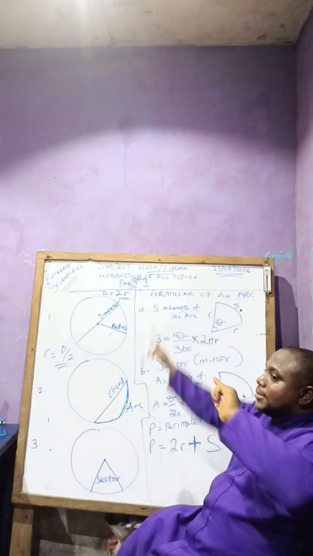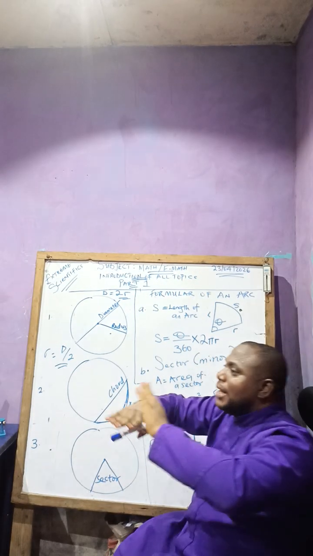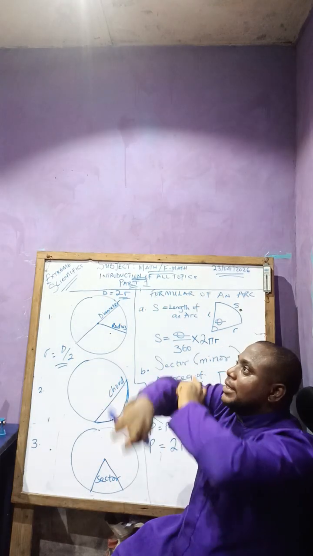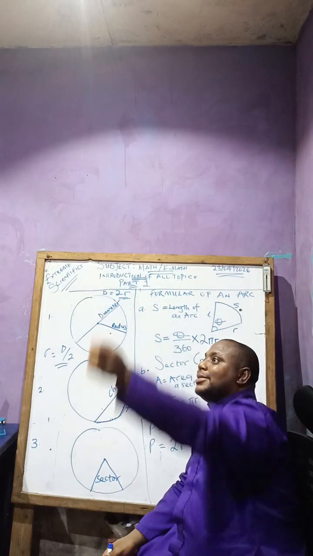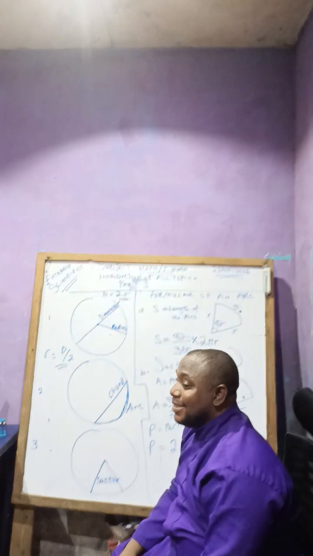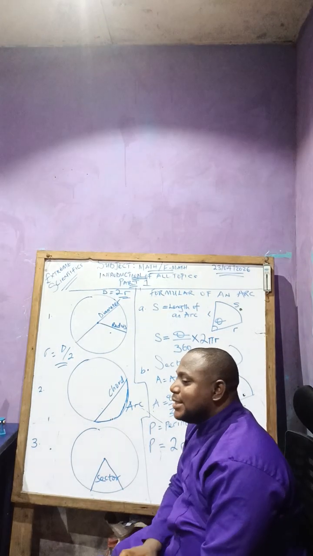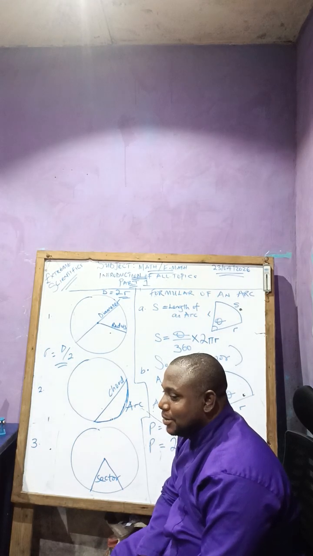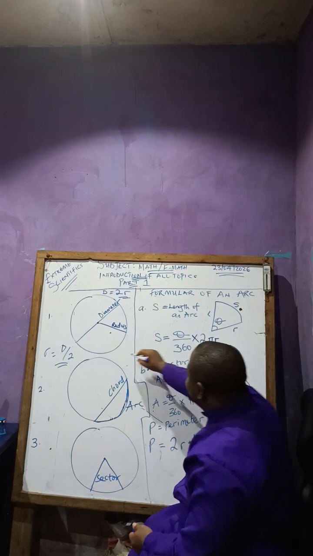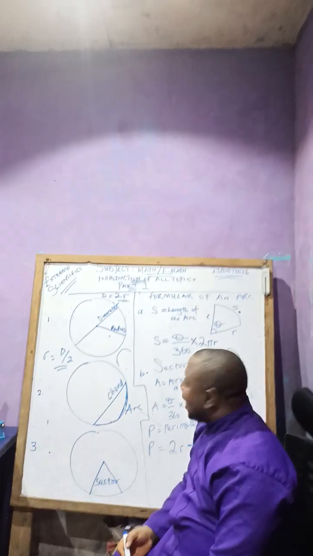You see something like a door, or a rainbow, like this. It's called an arc. It's not a total circle, neither is it a diameter. Just a small part like this. It's called an arc.